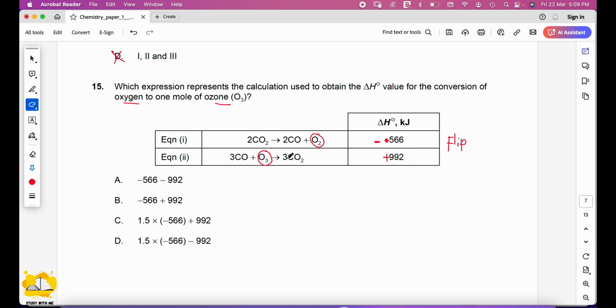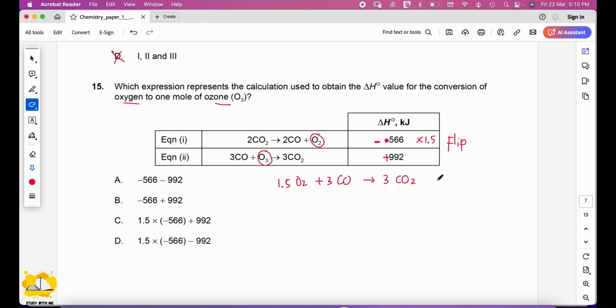So to eliminate CO2 from the right and the left side, we need to make the coefficients the same by times this 1.5. And we flip them, so it will be 1.5 O2 plus 3 CO, because 2 times 1.5 produce 3 CO2, because again 2 times 1.5.